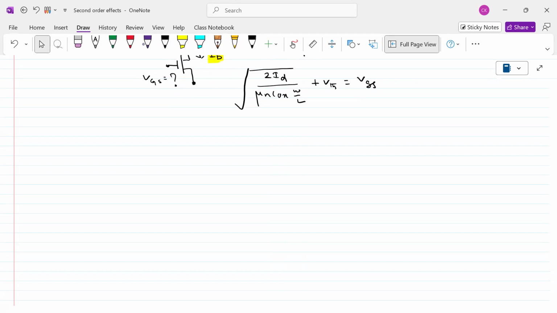So VGS is nothing but VTH plus the square root of 2ID divided by mu n Cox W by L. Sometimes I'm writing small letters and capital letters, please don't mind. Did you get this point?